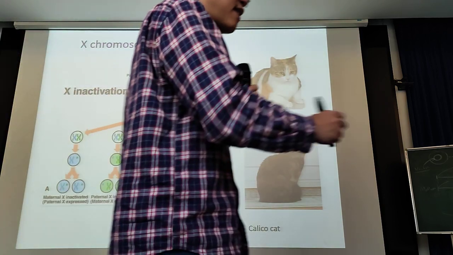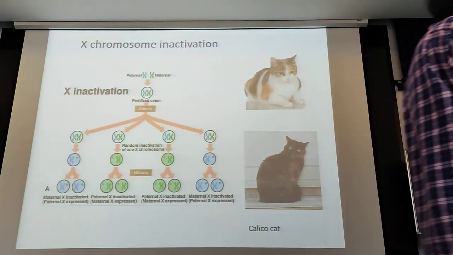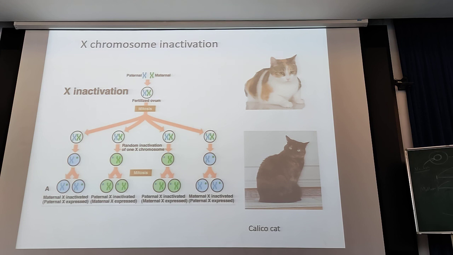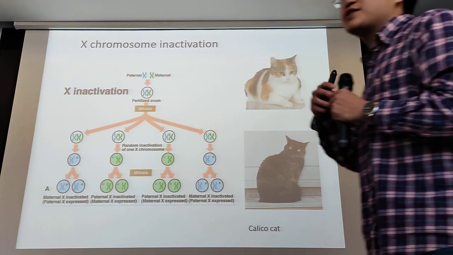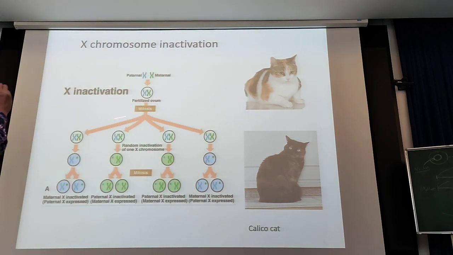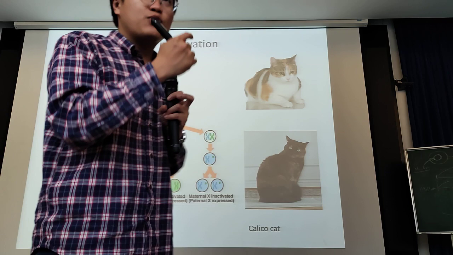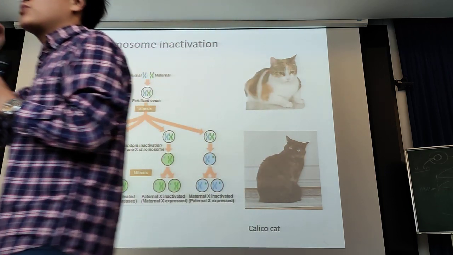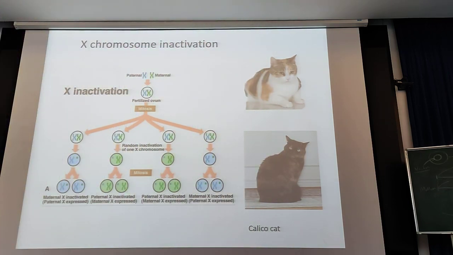Like in humans, we have the 2 cell stage, the 4 cell stage, 8, 16, 32 cell stage. But along with the increase in the number of cells, they start to differentiate, leading to the consequence that in different cells, one X will be inactivated. And which X is inactivated is chosen randomly.